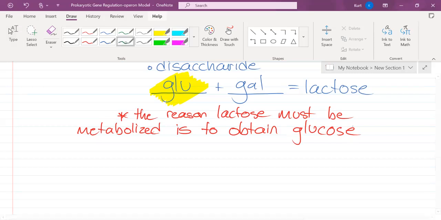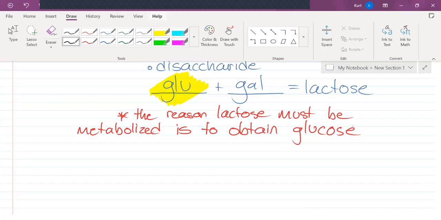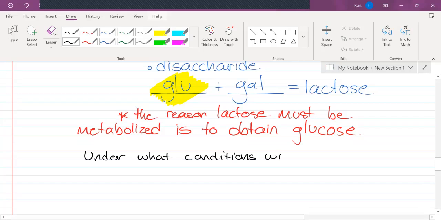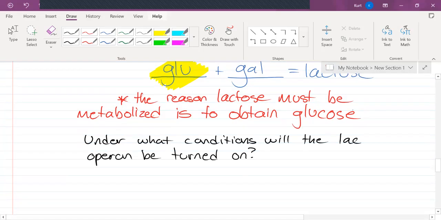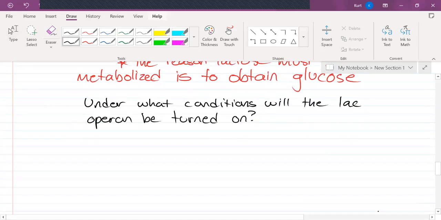So I'm going to give you one question, and I'm going to give you the 4 options. And I have seen this question on the AP Biology exam before. So the question is, under what conditions will the lac Operon be turned on? I've seen this question on several years worth of AP exams.